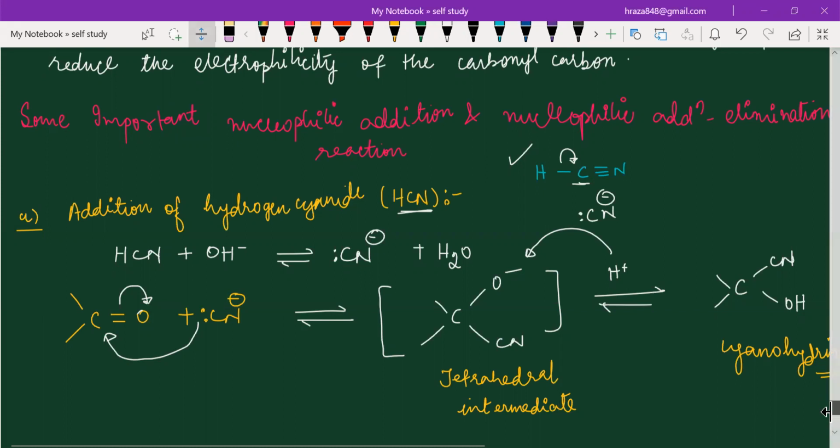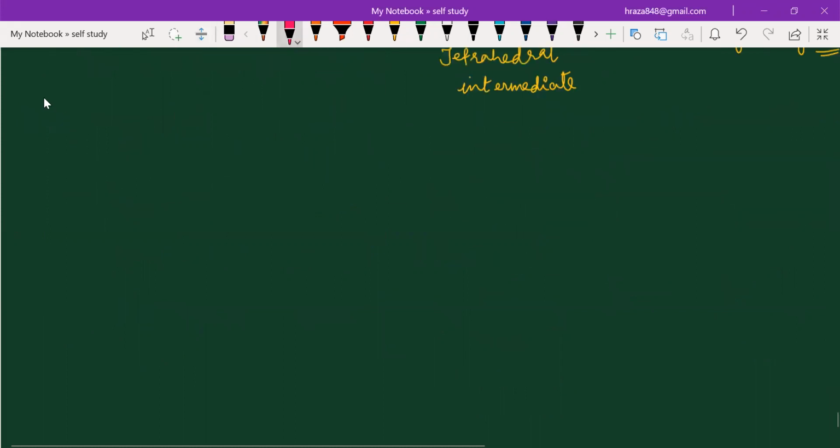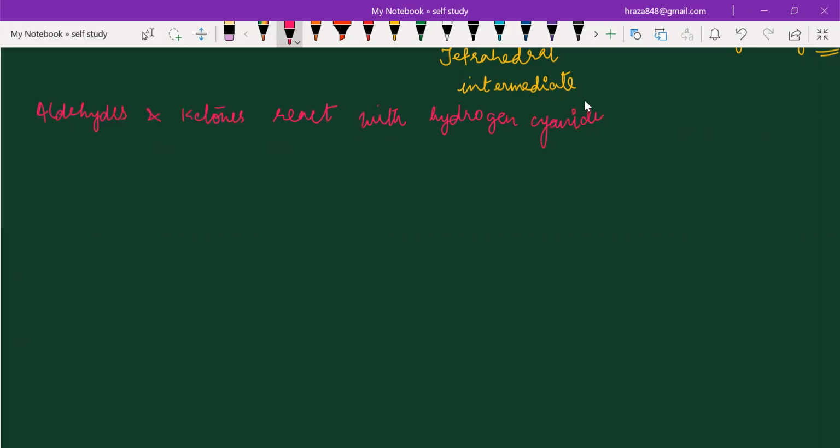Okay, so I'm just going to write a sentence about this reaction. Since we are talking only about aldehydes and ketones here, I'm going to write: aldehydes and ketones react with hydrogen cyanide to produce cyanohydrin.